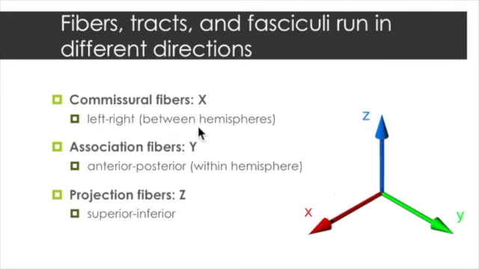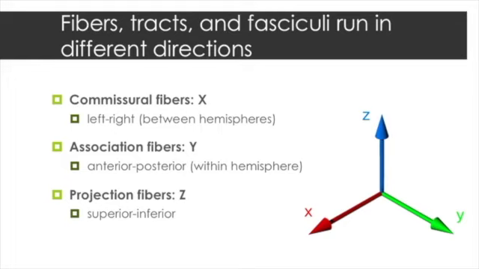Now, fibers and tracts and fasciculi run in coherent directions, and they start to form larger collections. You can describe them as different kinds of fibers: commissural fibers versus association fibers versus projection fibers.